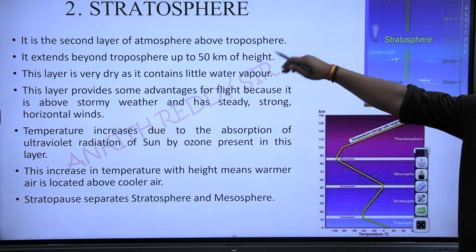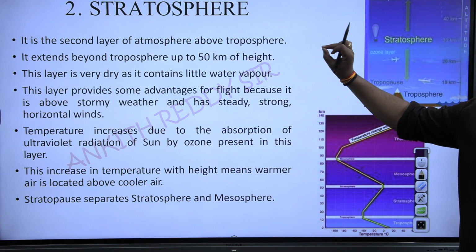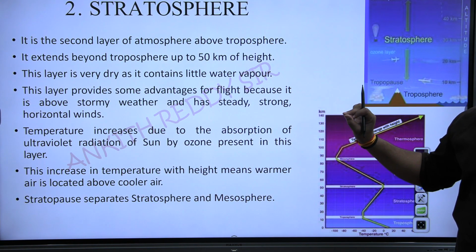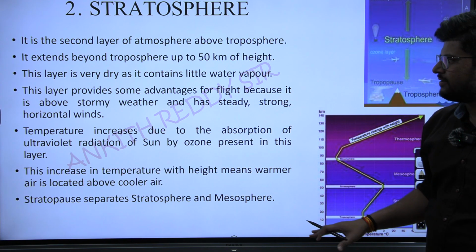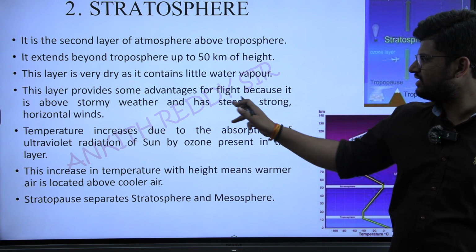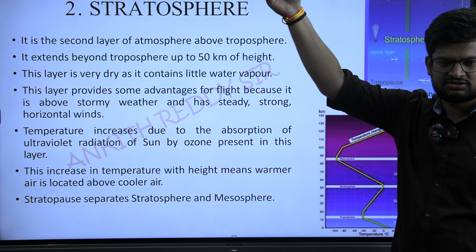The second layer extends up to 50 km. This layer contains very little water vapor. Maximum water vapor can be seen in the troposphere. This layer provides some advantages for flight because it is above the stormy weather.